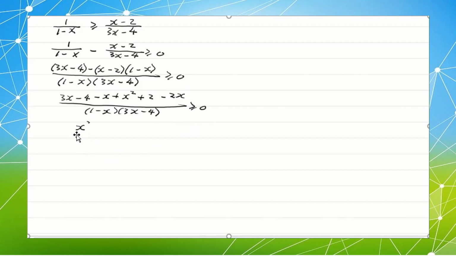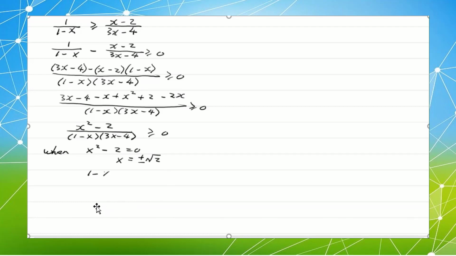So after simplifying the numerator, we will get x power 2 minus 2. And the denominator is 1 minus x times 3x minus 4. Now, we put x power 2 minus 2 equals 0 in order to find the values of x. So we found that x is plus and minus square root of 2.